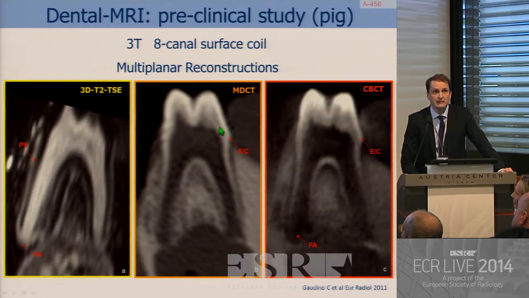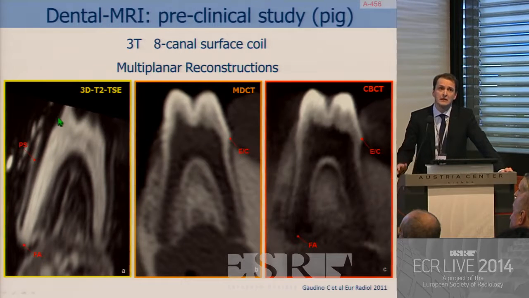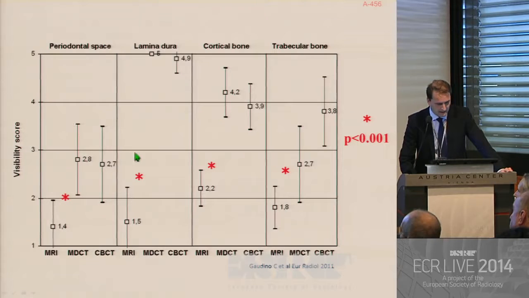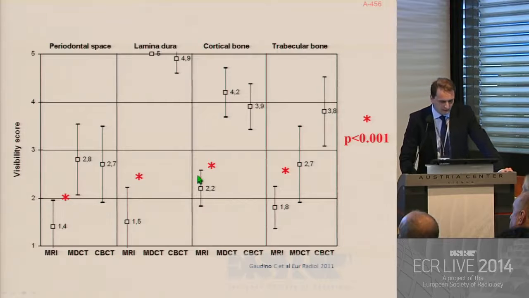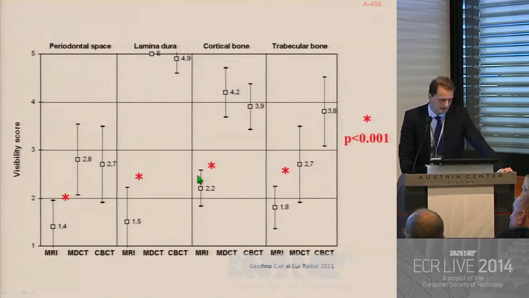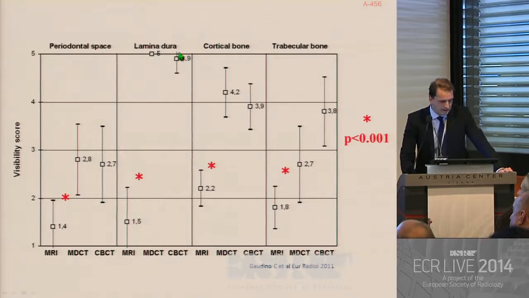That is very easily seen, as has been shown before, on the cone beam CTs as well. In CT and cone beam CT imaging, we cannot, even if this is now a little bit truncated, differentiate easily these structures with MRI.